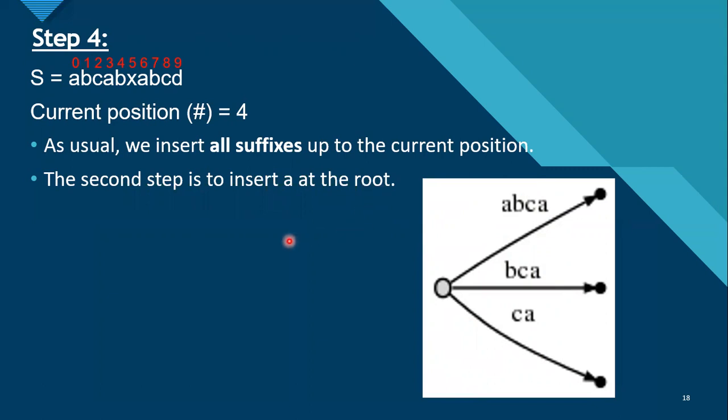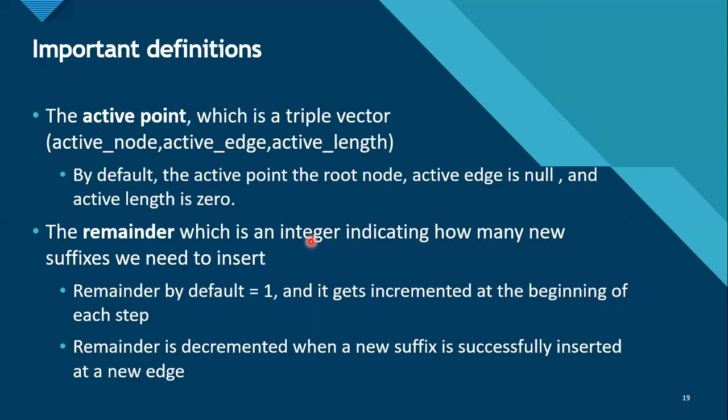But before we do this, let me just introduce to you 2 variables. These 2 variables have always been there since the beginning of the example, but we haven't used them so far. The first variable is called the active point, and it's a triple vector consisting of an active node, active edge, and the active length. By default, the active node is the root node, the active edge is null, and the active length is 0.